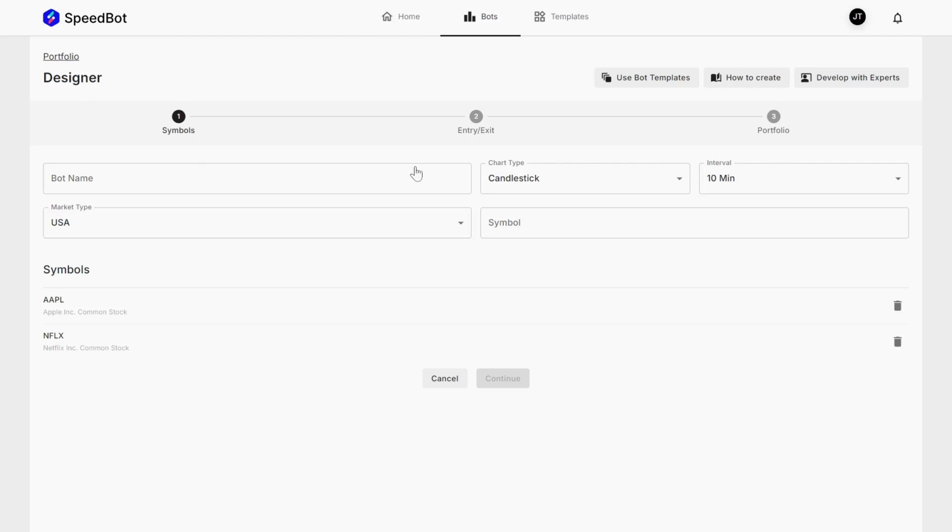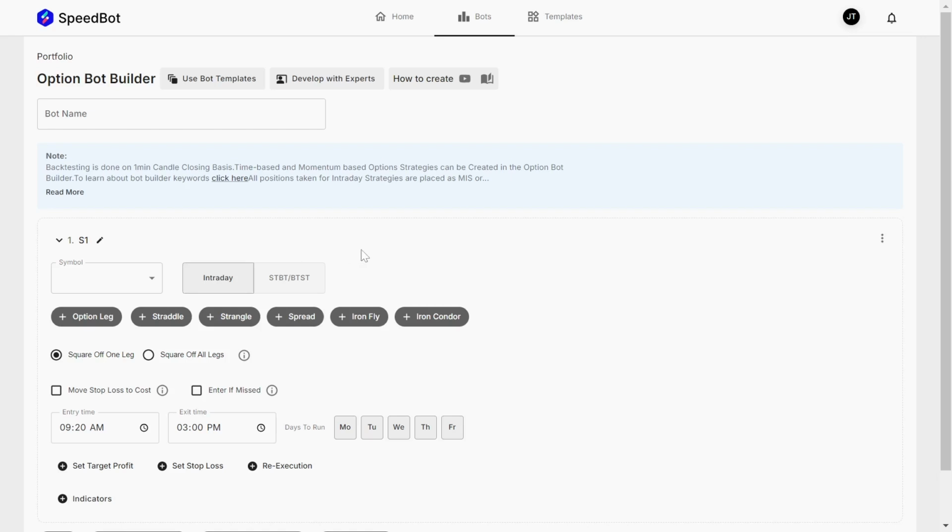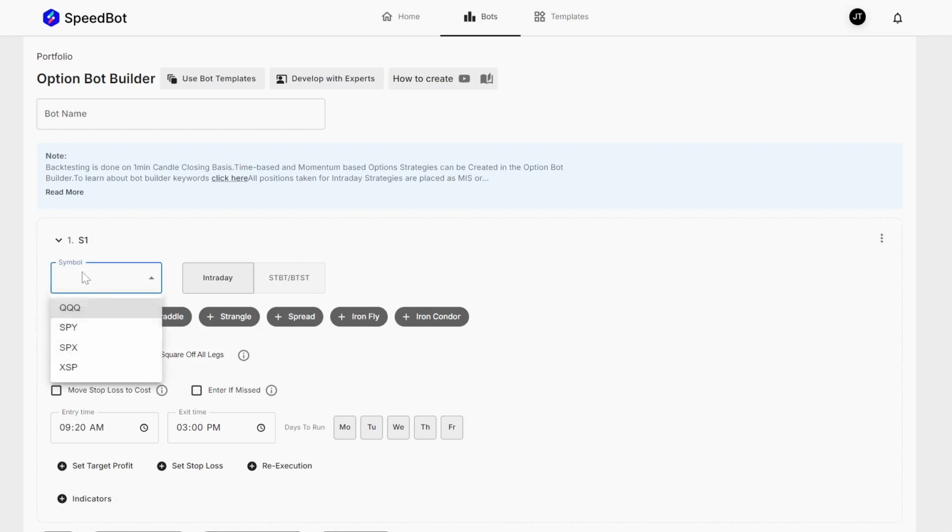So let me show you the options segment, that is the option bot builder that we have. So these are the symbols that we currently have, that is QQQ, SPY, SPX and XSP.